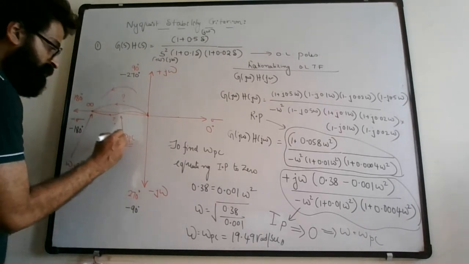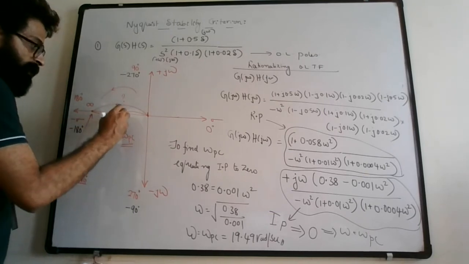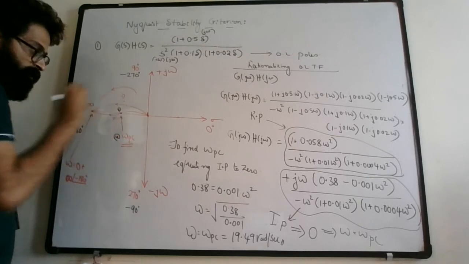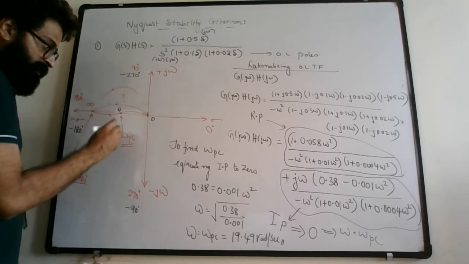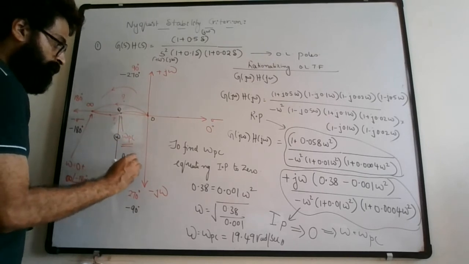At this phase crossover frequency, let's say this point is Q, and let's say the origin is O. So let's try finding out the length OQ.